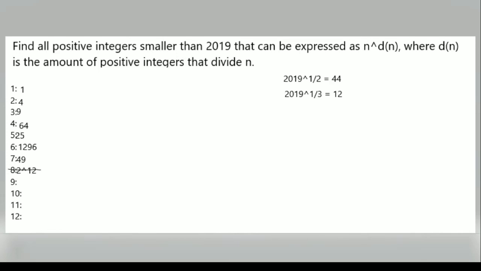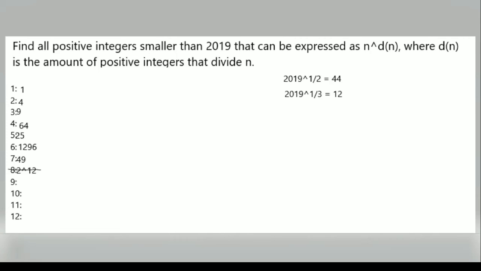And we know that a number that has 4 divisors or more won't be counted, because the base will be more than 8 and the power will be at least 4, so it will be greater than 2019. 9 is just 3 squared, so it has 3 divisors, so it's 9 to the power of 3, which is 729.